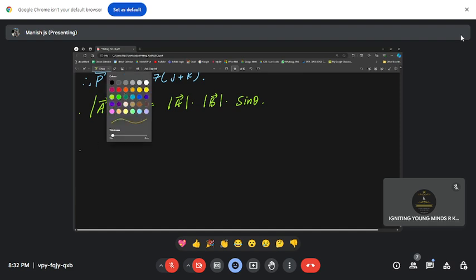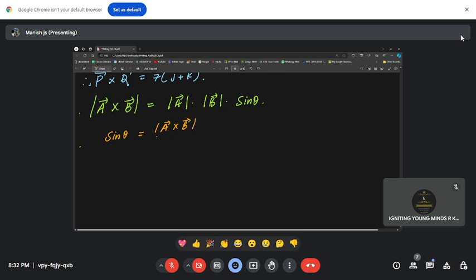So rearranging for sine theta, you will get sine theta equals modulus of vector A cross B upon modulus of A times modulus of B. By using this relationship, you can find out the angle theta. So what is theta then?